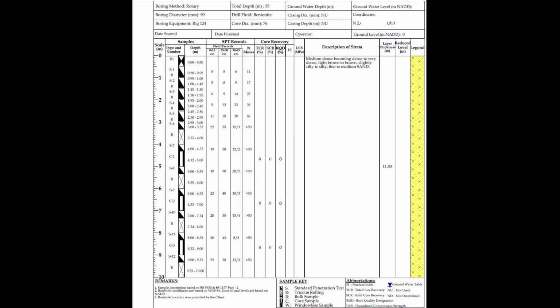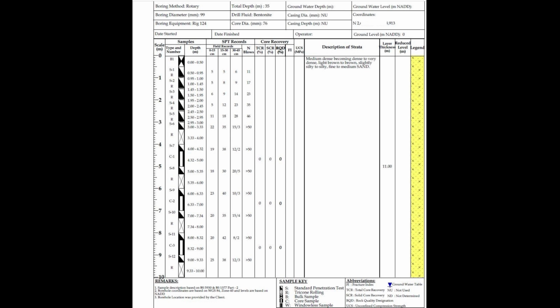If you see at 4 meter, the SPT value is 50, number of blows more than 50, it means the problem here is the cement and sand. So bearing capacity is very low. We have to follow a raft foundation, because another solution is not possible here. The soil is very hard.